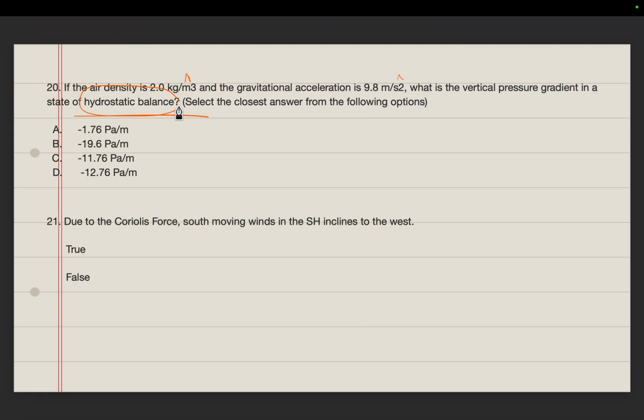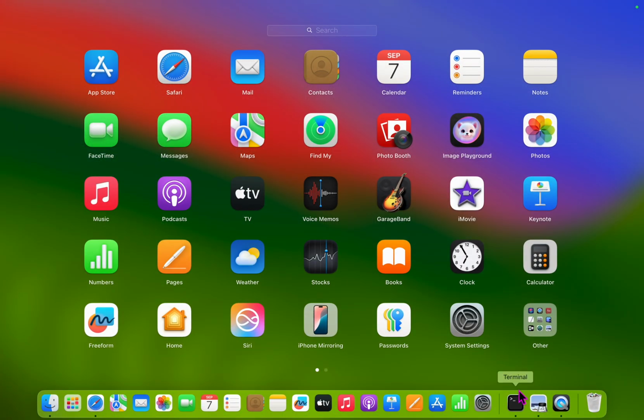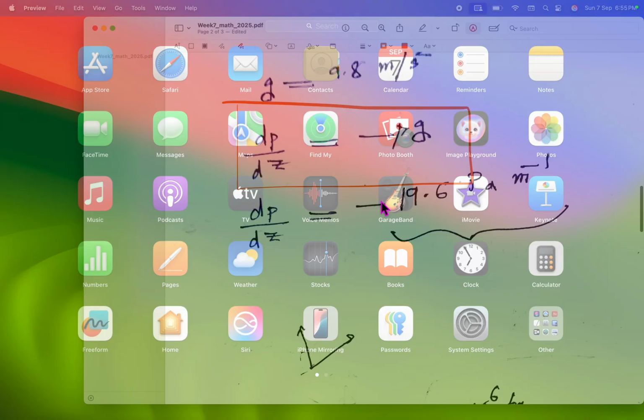Hydrostatic balance means... Yes, 19.6. This is correct.